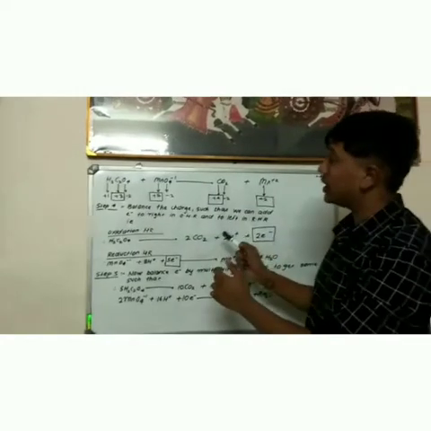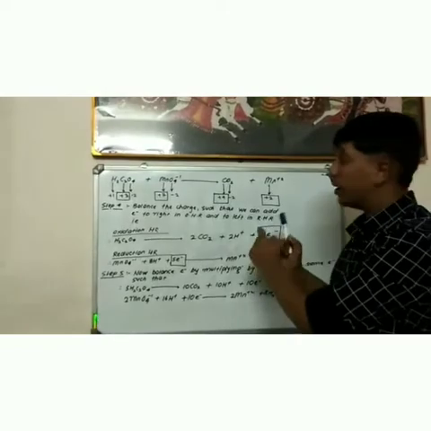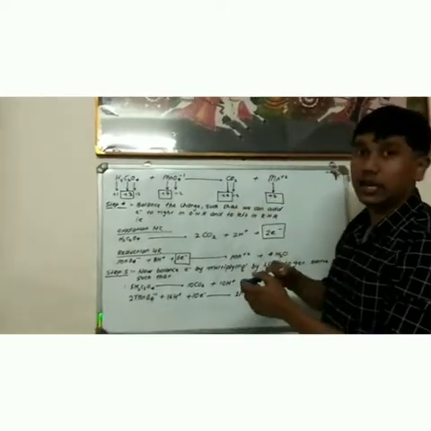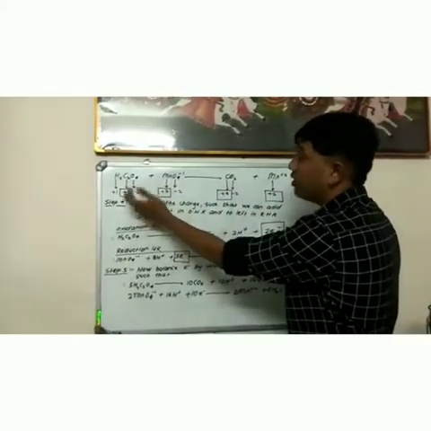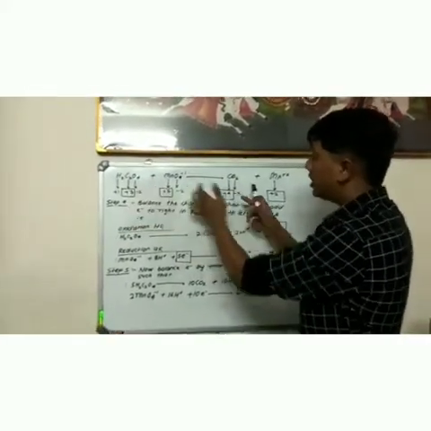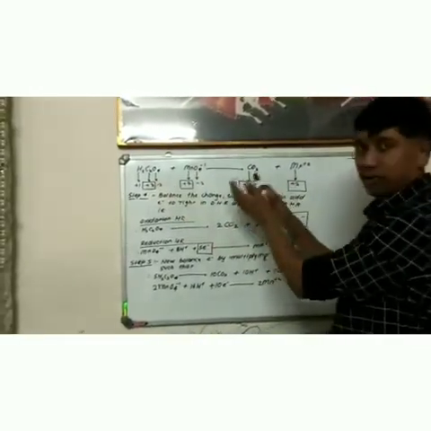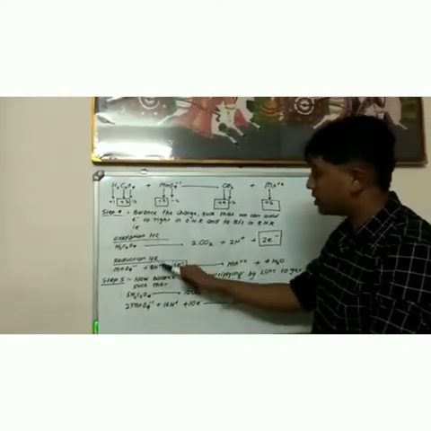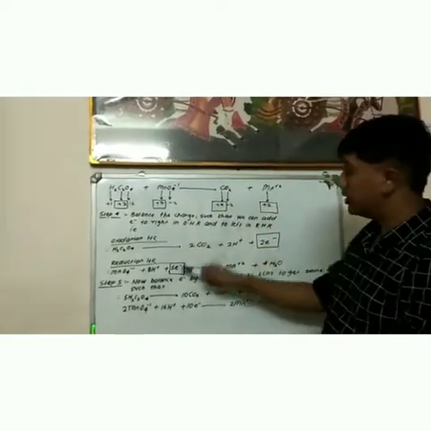Now you will be asking that there is a difference of only 1 electron, so why 2 electrons? But as I have already mentioned, we need to balance this reaction. One carbon is oxidized by 1 electron, so 2 carbon atoms will oxidize by 2 electrons. Similarly, in the reduction half reaction, it will be 5 electrons, that is 7 minus 2 equals 5 electrons.